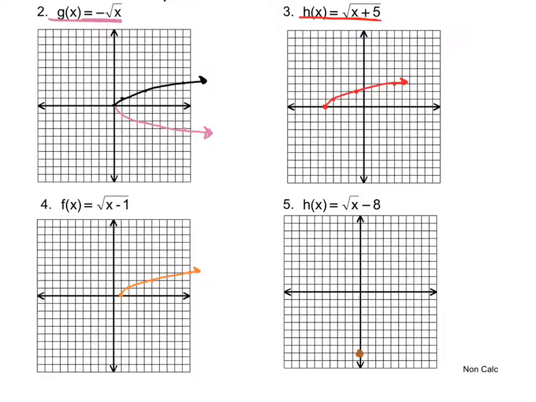And that's our new starting point for our square root graph. From there, we're going to go over 1 and up 1, over 4 and up 2, and over 9 and up 3. And draw in our translated graph.